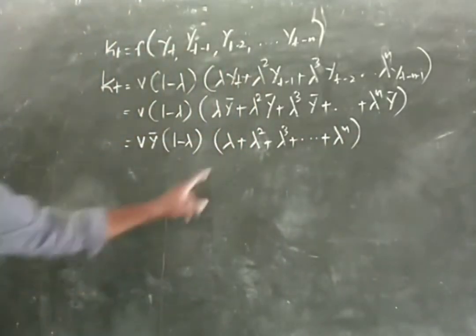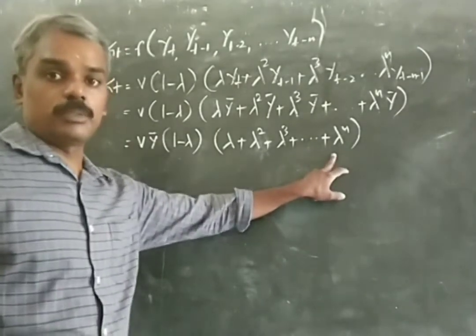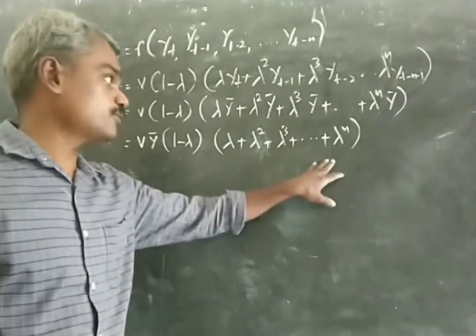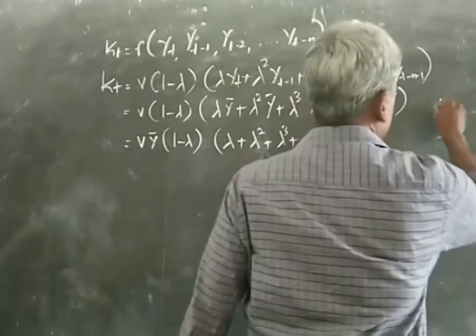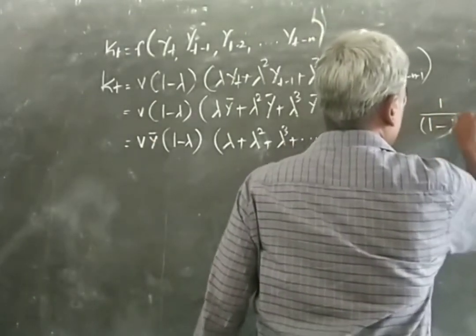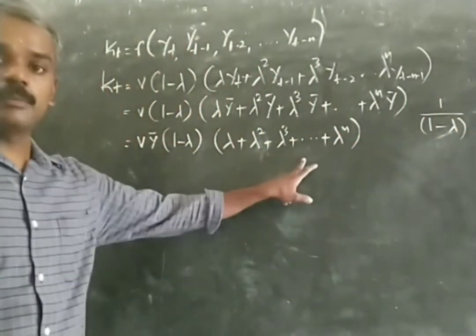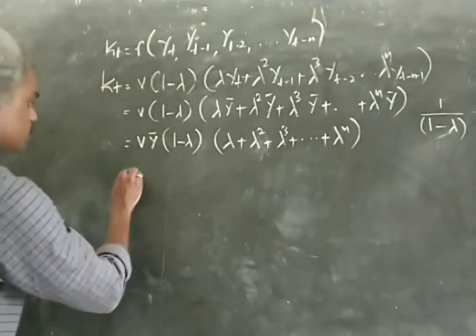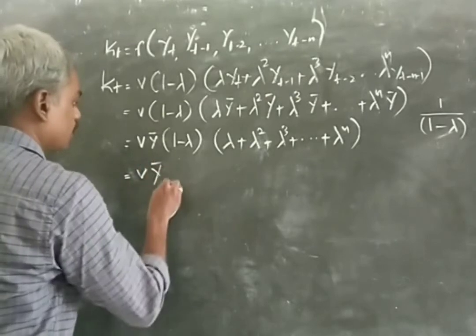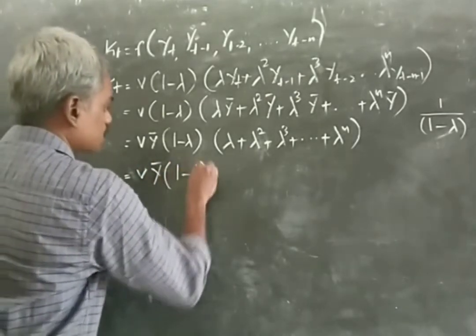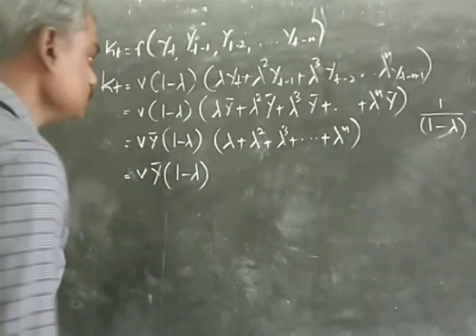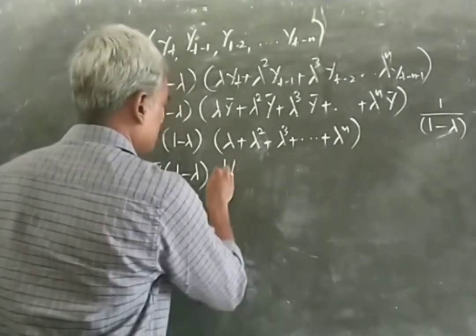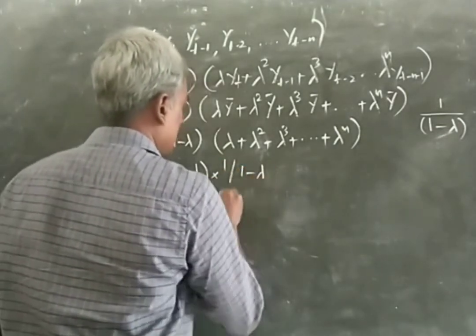Okay, and this is a geometric progression, and therefore the sum of this geometric progression has been defined as 1 by 1 minus lambda. Therefore this term can be replaced by the term 1 by 1 minus lambda. So the equation again changes form to nu into y bar into 1 minus lambda into 1 by 1 minus lambda.